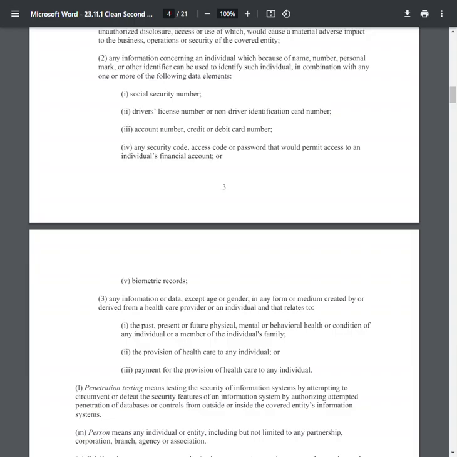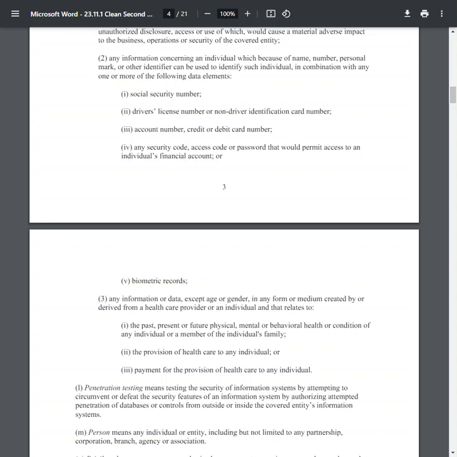Business-related information that will materially impact the business or its operations or security when disclosed to or tampered with by unauthorized individuals is also considered non-public information. So NPI is not just consumers' information, but can also be business-related information.